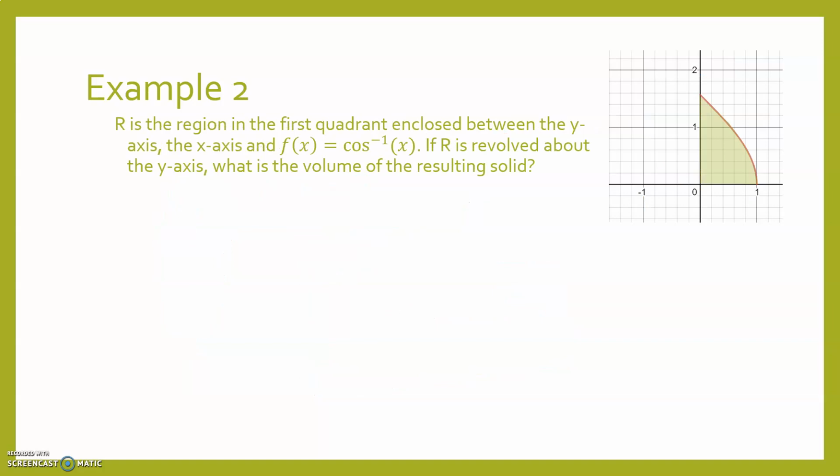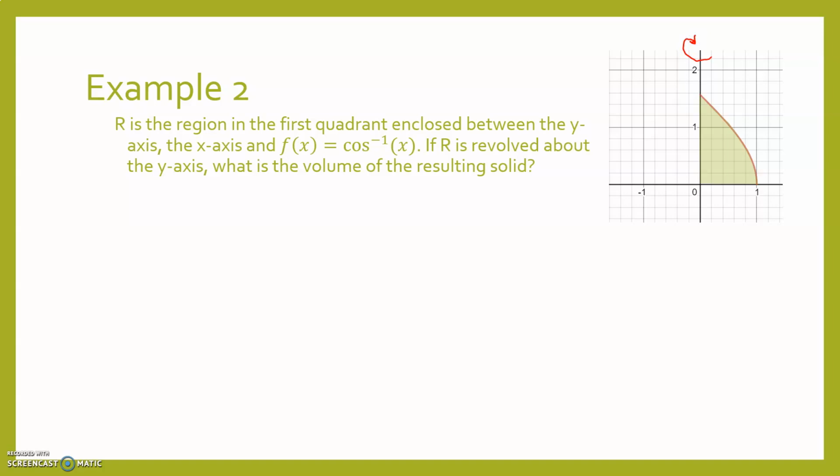All right. For this example, we are going to take the region in the first quadrant enclosed between the y-axis, the x-axis, and f of x equals cosine inverse of x. We are going to spin this region around the y-axis this time.